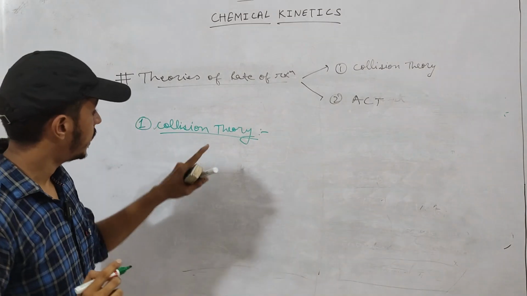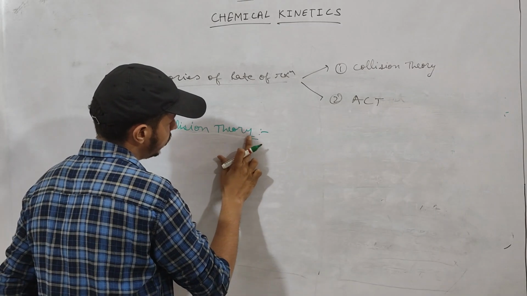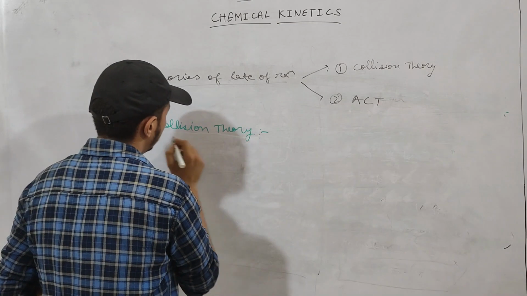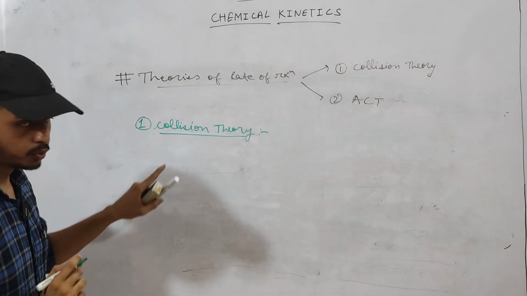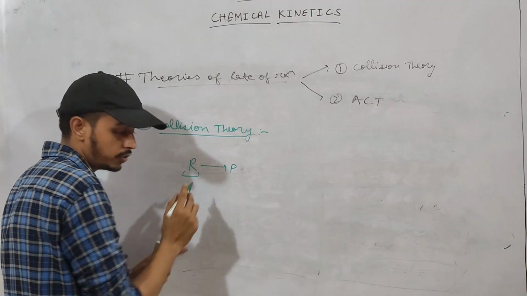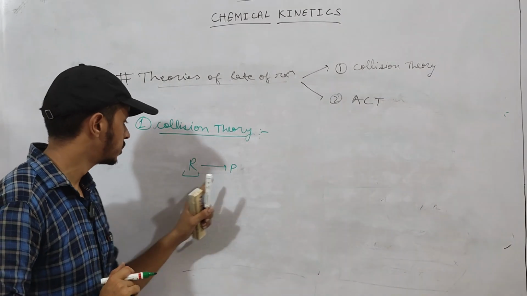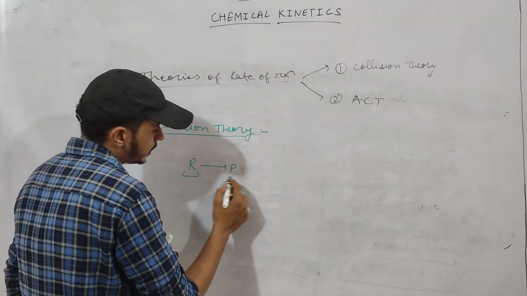This theory was given by Arrhenius. In this theory, reactant molecules convert into product by colliding with each other. When the molecules of reactant collide with each other, the formation of product takes place.